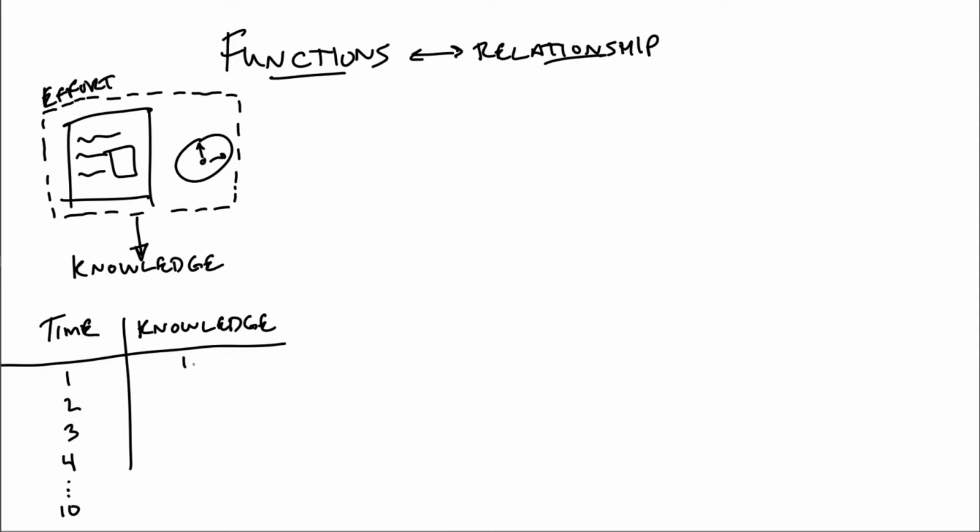And at 1 hour, you gained 1 unit of knowledge, 2 hours, 2 units, 3 hours, 3 units, 3.5 units at 4, and at 10 hours, you realize you had only gained 4 total units of knowledge. Great. So now you know what you can expect for a certain amount of time put into studying.